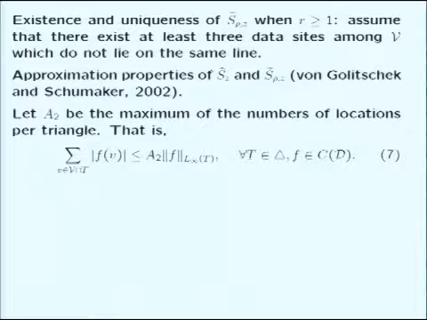Another quantity of interest is kind of the opposite. You see the formula is upside down here. And here it measures the maximum number of locations per triangle, kind of. If you have too many locations per triangle, this will be very big, and A2 has to be infinite then.